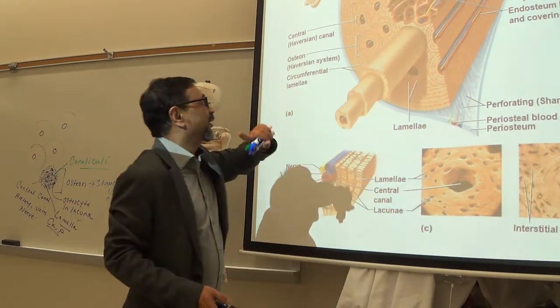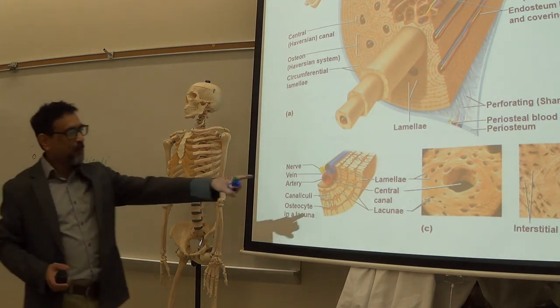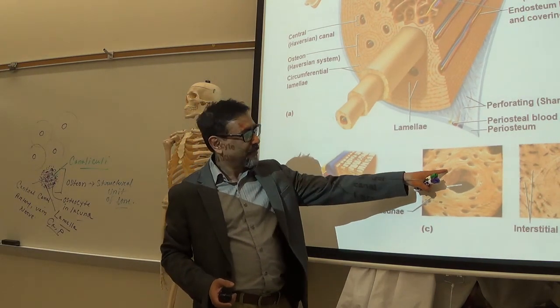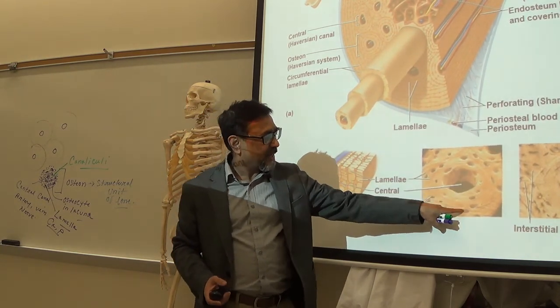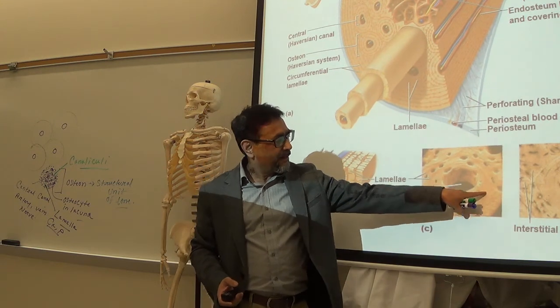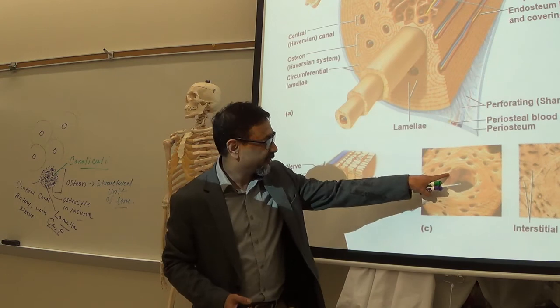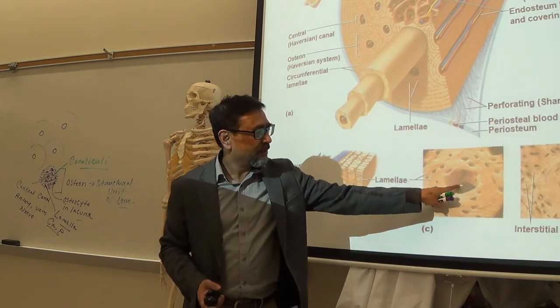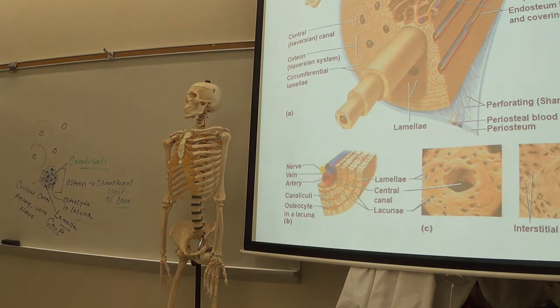It's incomplete. Osteons are there. You see the lacunae, cavities, and inside the lacunae you have the osteocytes. And lamella is the hard matrix of the bone. And this is the central canal that contains the blood vessels and the nerve. Okay.